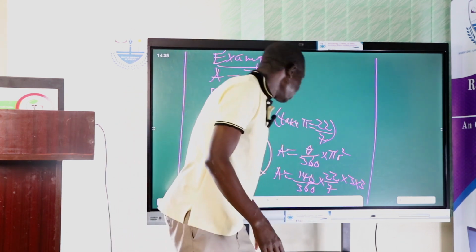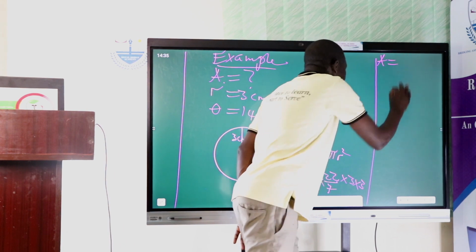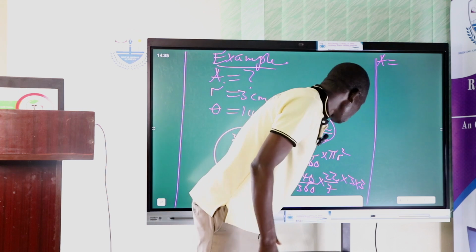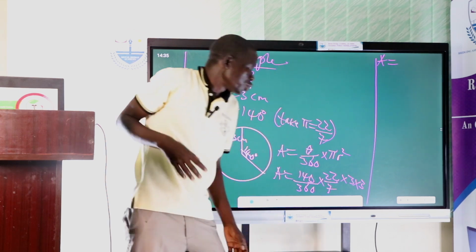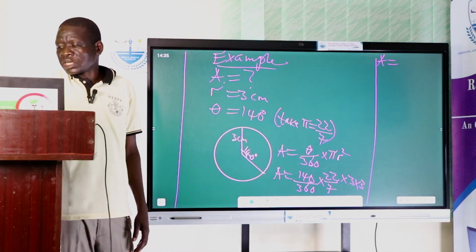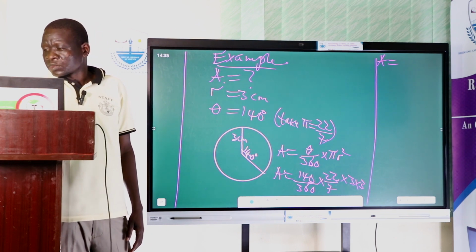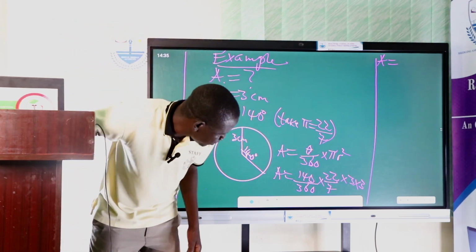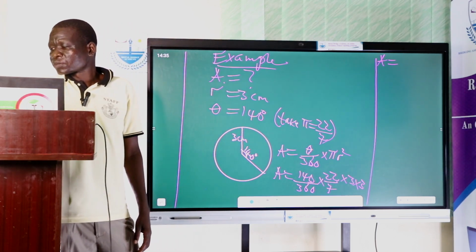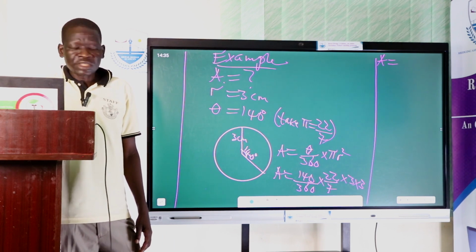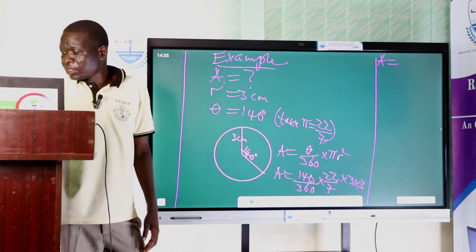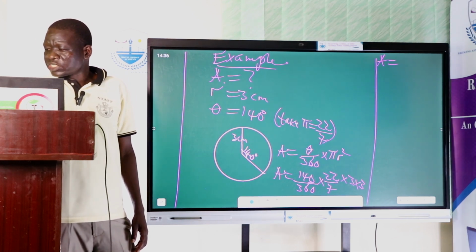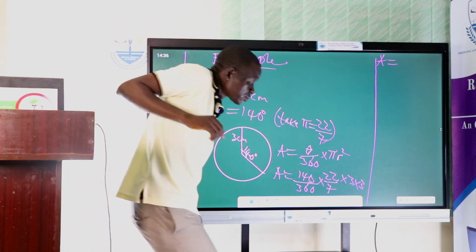When we cancel this, we shall find that our area will now equal 140 times 22 times 3 times 3, giving us 27,720.